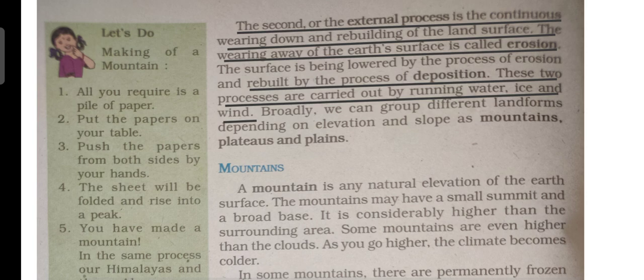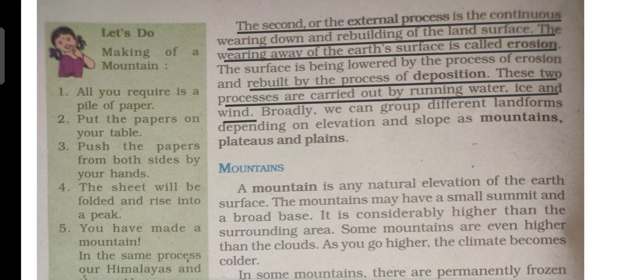Now, next, children, is deposition. So, deposition is deposition of materials which results in rebuilding of the earth's surface. So, in erosion there was removal of materials, but in deposition the materials will be deposited which will result in rebuilding of the earth's surface.